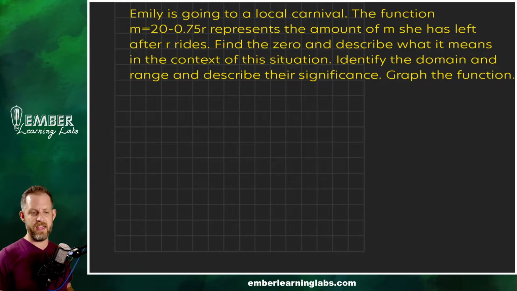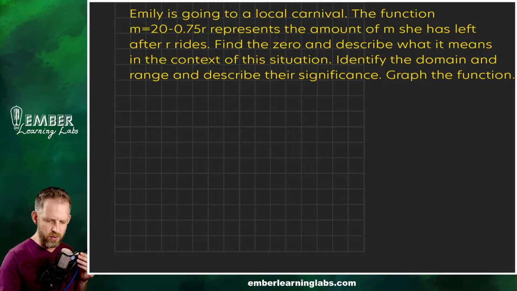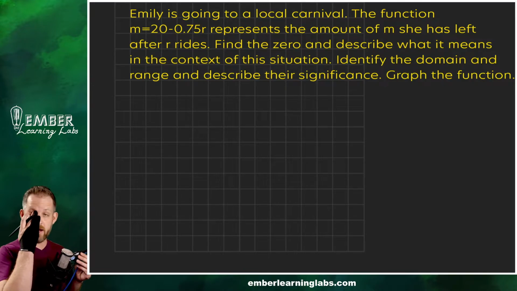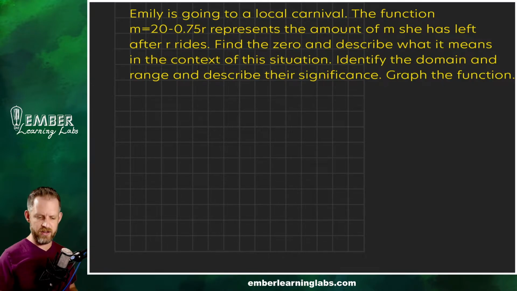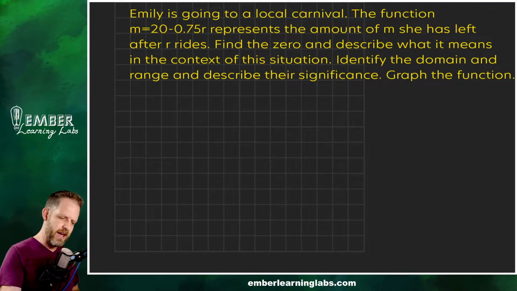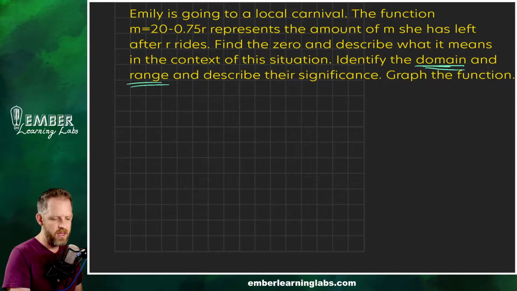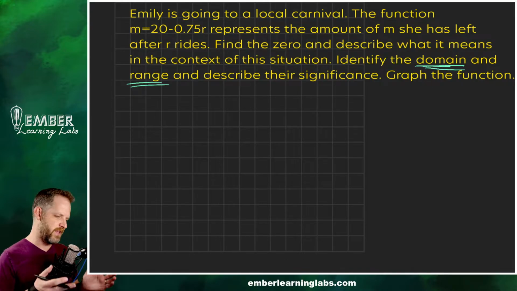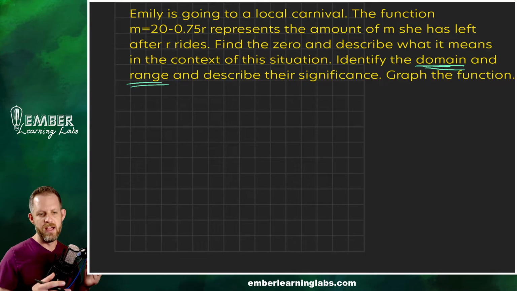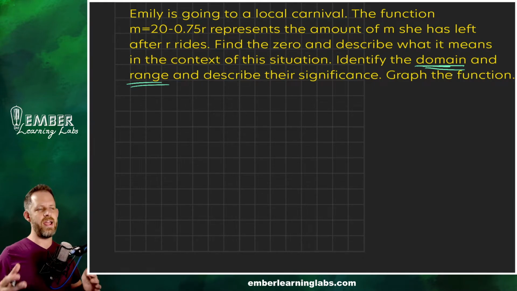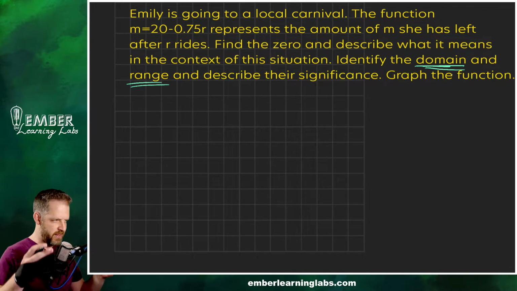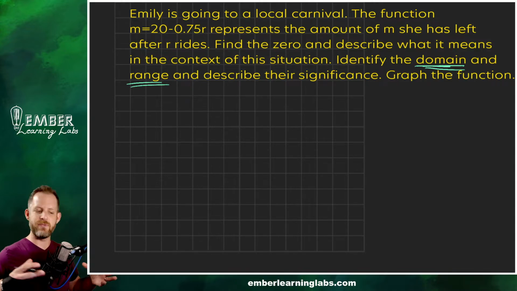So there's a couple of different things in here. First of all, we talked about domain and range before, back in unit 2, I believe. We're going to put some meat on that and put that into a word problem. We're going to talk about the domain of this function in the context of this problem, because a lot of times the domain and the range are different in the problem than they are in the abstract function.